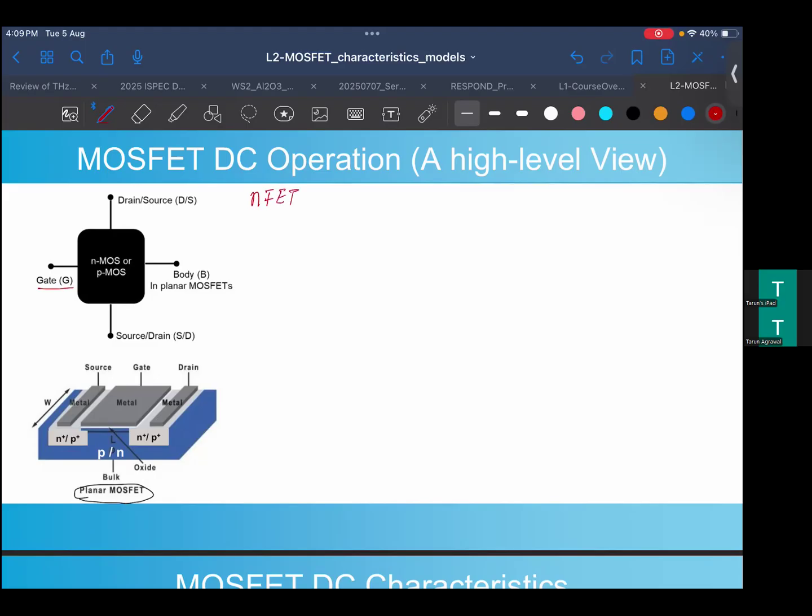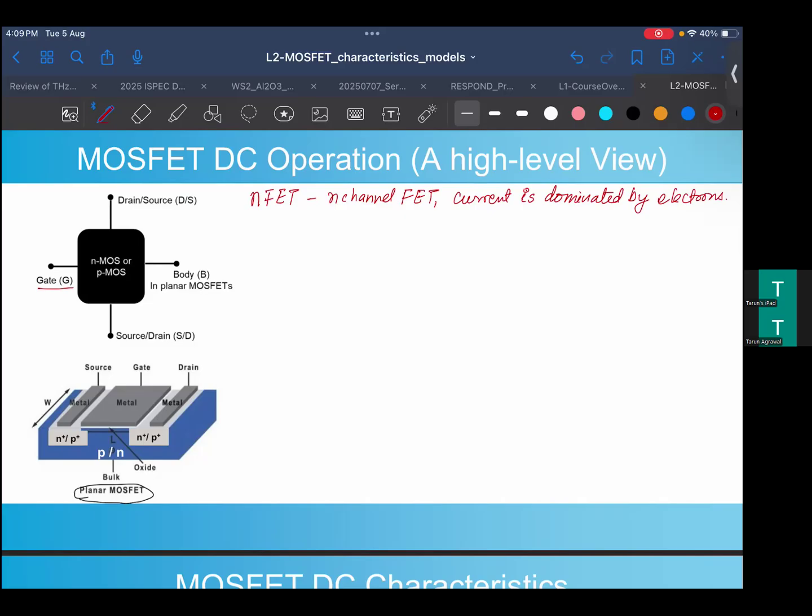N channel means that the current is dominated by, or is due to, electrons.